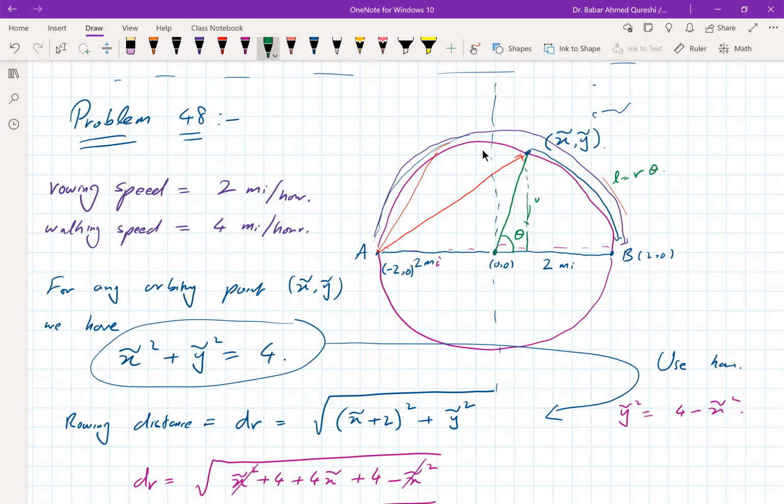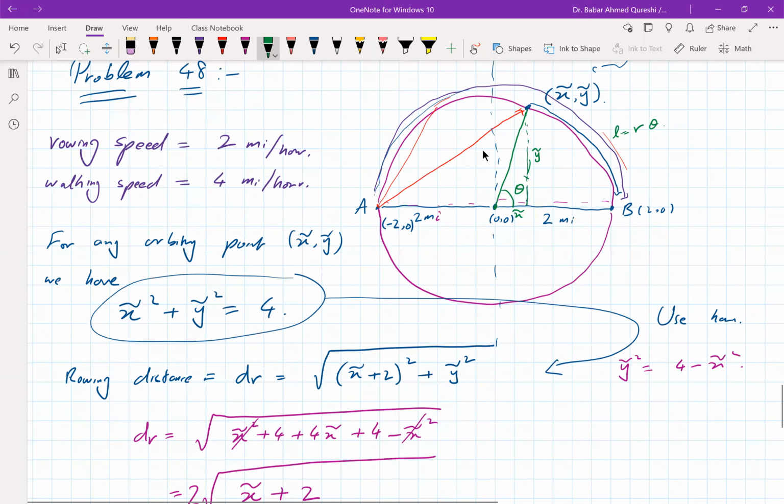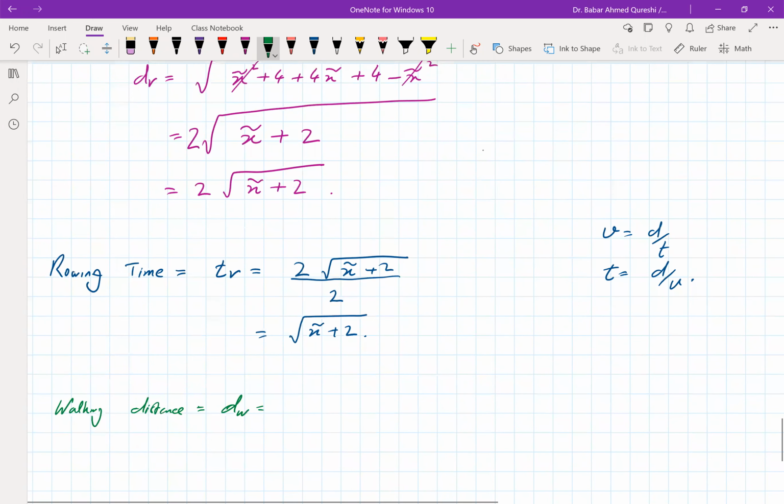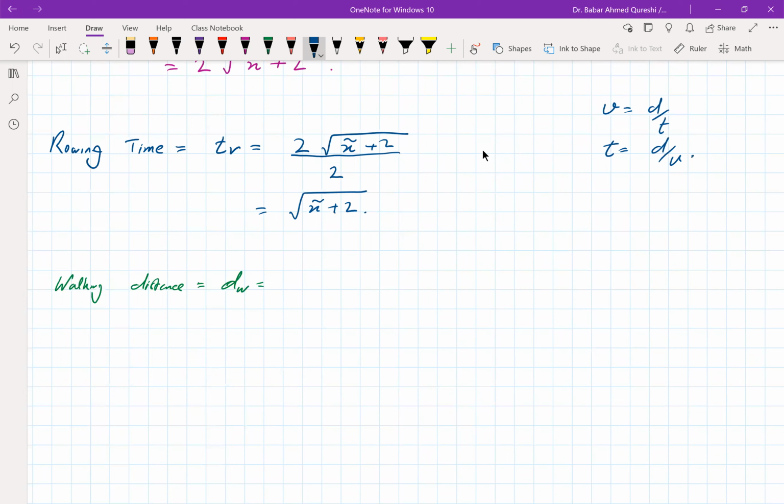So tangent theta is y tilde over x tilde, and y tilde is the square root of 4 minus x tilde squared.